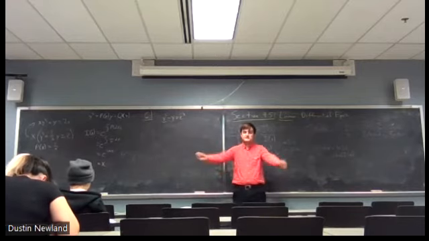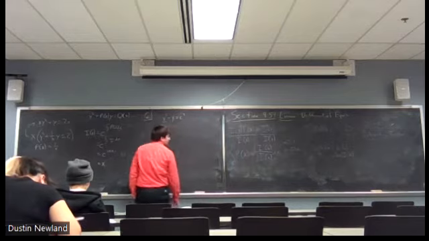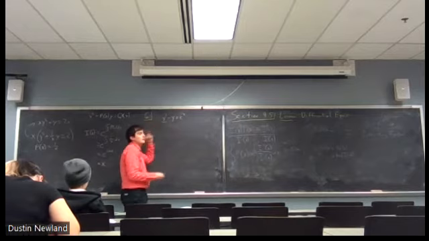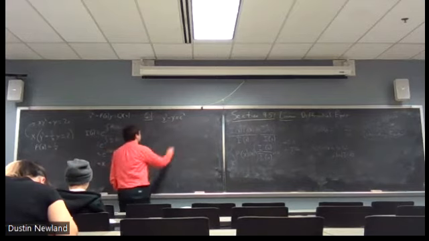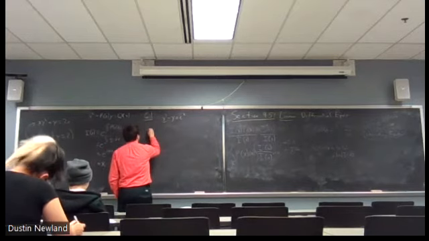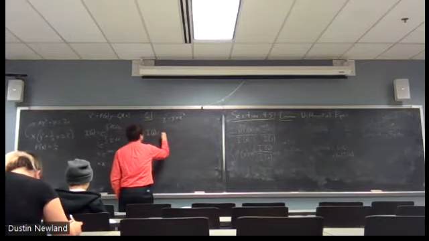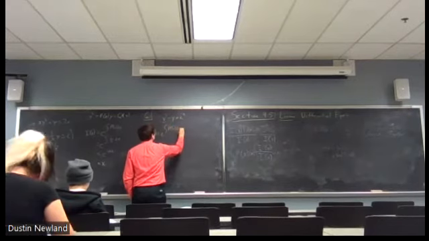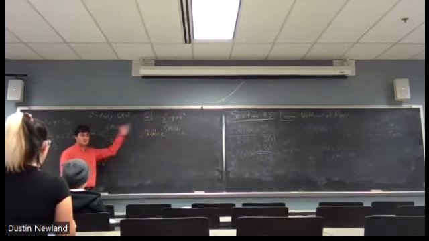Okay, so since this is linear, I need to find an integrating factor, because I don't know if it's in the form I want yet. So let's see if we can find the integrating factor. The integrating factor I of x is going to be e to the integral of p of x. What is p of x first?